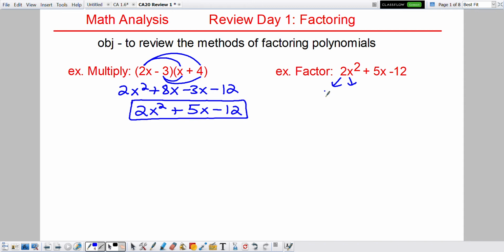The way we would do this is we break the 2x squared down into 2x and x, because when we multiply them together, we get 2x squared. Then negative 12 can be broken down into negative 1 times 12, negative 3 times 4, or negative 2 times 6. The order doesn't matter. Then the way we solve this is we just guess and check.